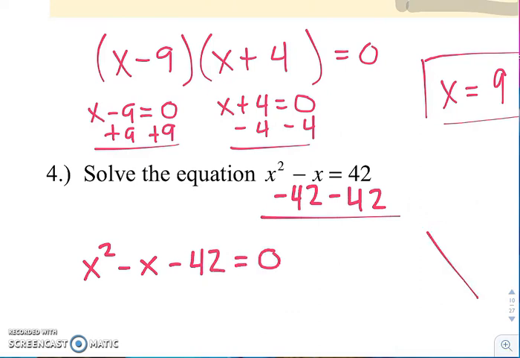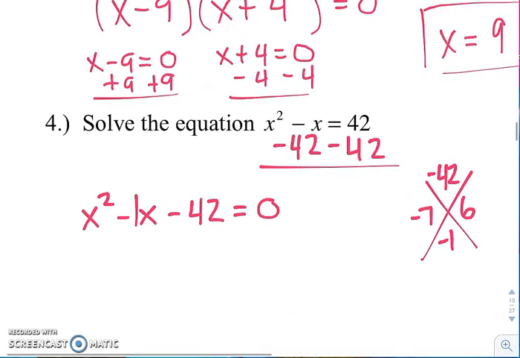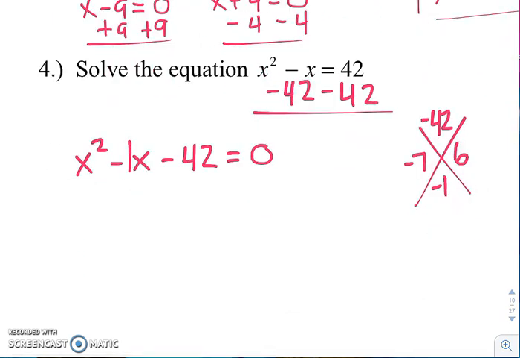So we want to factor. What multiplies to get you negative 42 and adds to get us negative 1? So negative 7 and positive 6. So the factored form, x minus 7, x plus 6 equals 0.